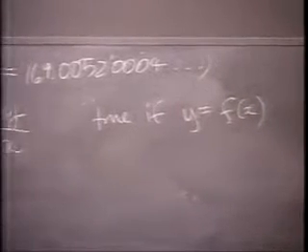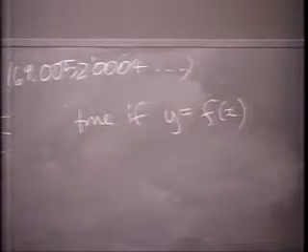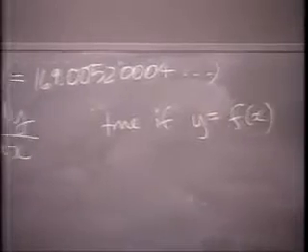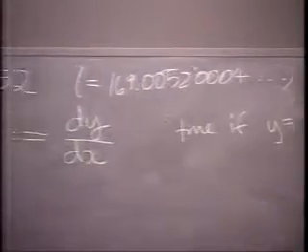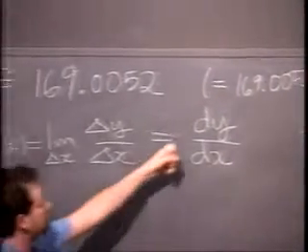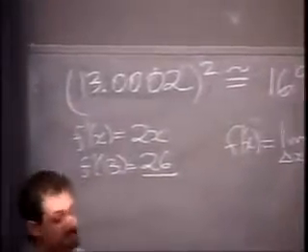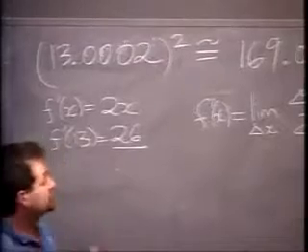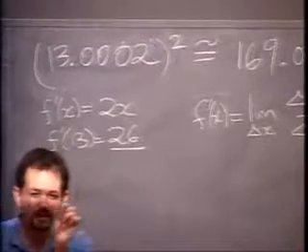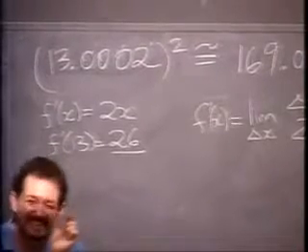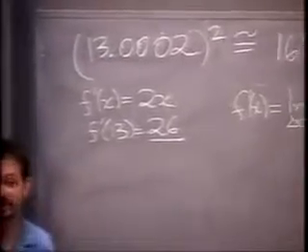Functions can sometimes be written f of something, or sometimes you just say y equals x squared, and that means y is a function. In that notation, dy dx is the same thing as the derivative. So it actually means the limiting ratio of a small change in y divided by a small change in x as both changes become very, very small.